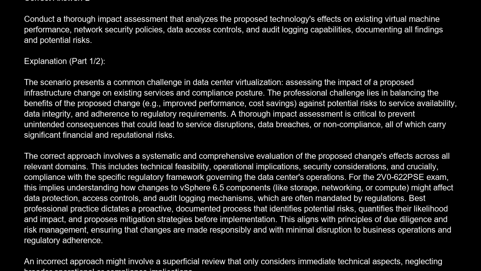Best professional practice dictates a proactive, documented process that identifies potential risks, quantifies their likelihood and impact, and proposes mitigation strategies before implementation. This aligns with principles of due diligence and risk management, ensuring that changes are made responsibly and with minimal disruption to business operations and regulatory adherence.